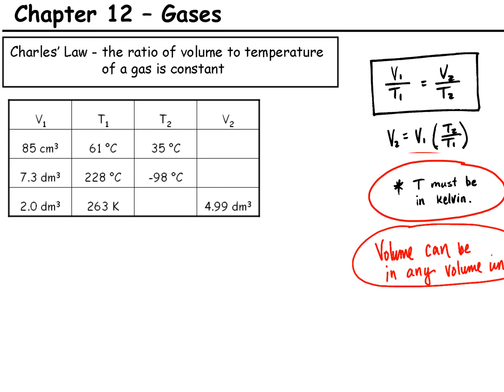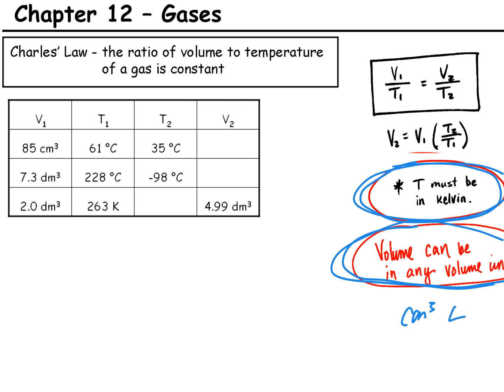Now, when doing calculations using Charles' law, there are a couple of rules we have to follow. One is that we must have our temperature in Kelvin. It has to be on an absolute scale. As far as volume is concerned, we can measure that in any volume unit we want: centimeters cubed, liters, decimeters cubed, which is the same thing as a liter.